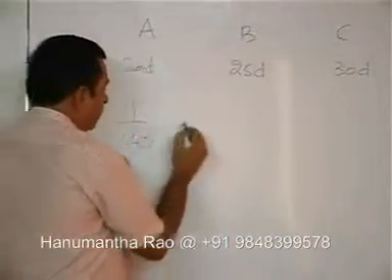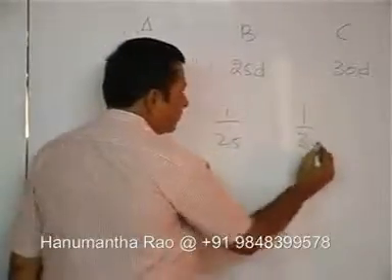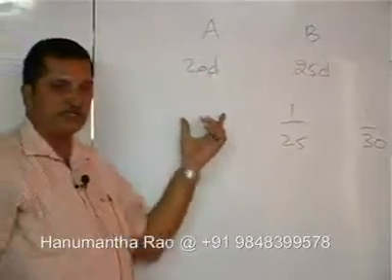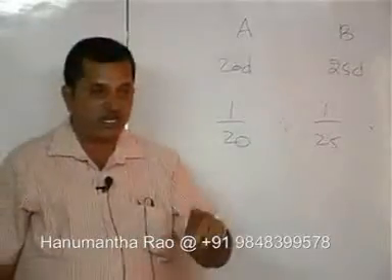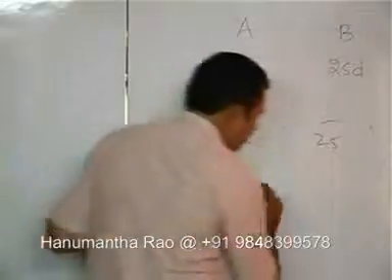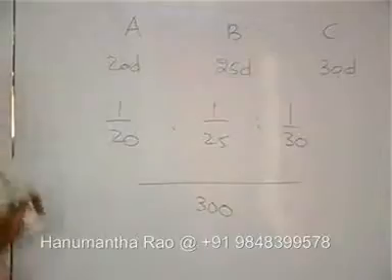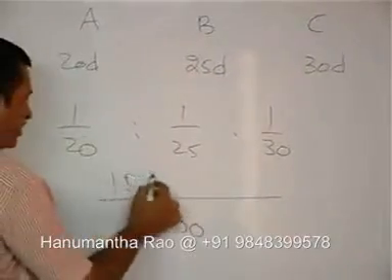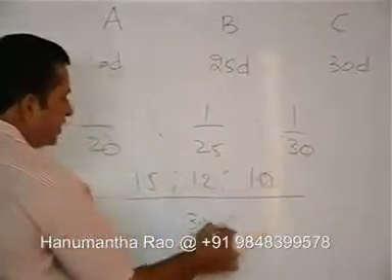Capacities are 1 by 20 is to 1 by 25 is to 1 by 30. If A can do a piece of work in 20 days, 1 day's work is 1 by 20. 1 by 20 is called 1 day's work or capacity. Of 20, 25, 30, the LCM is 300. 20 15s are 300, 25 12s are 300, 30 10s are 300.